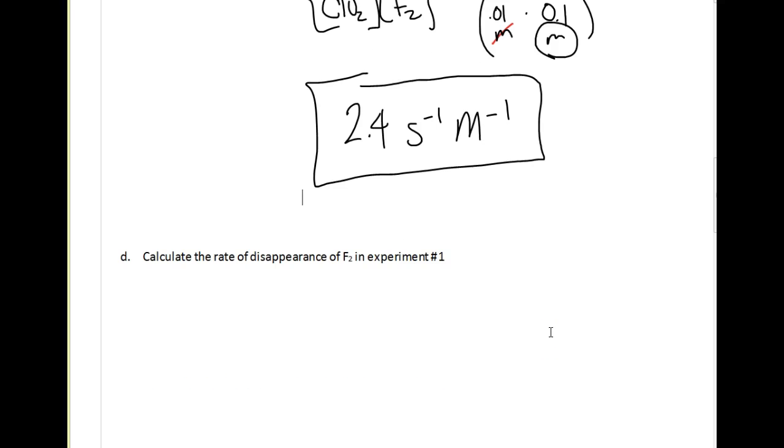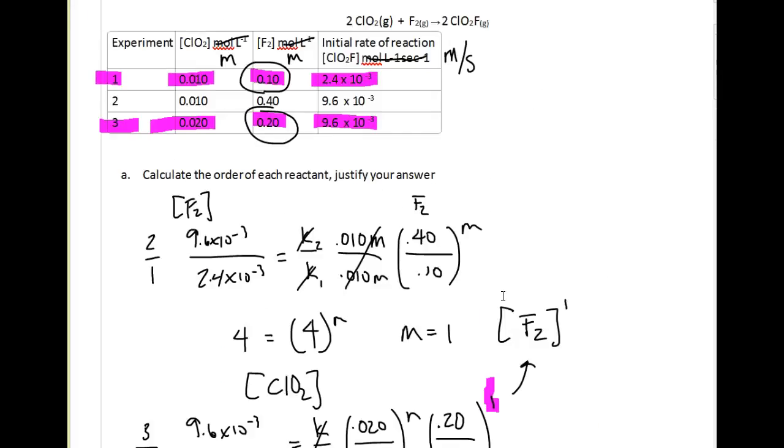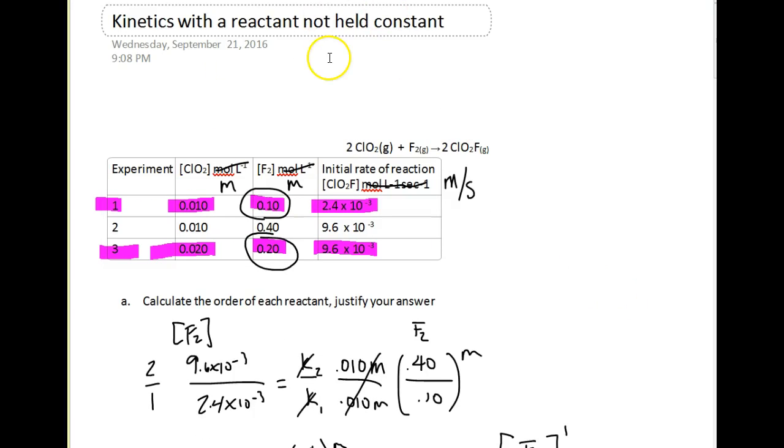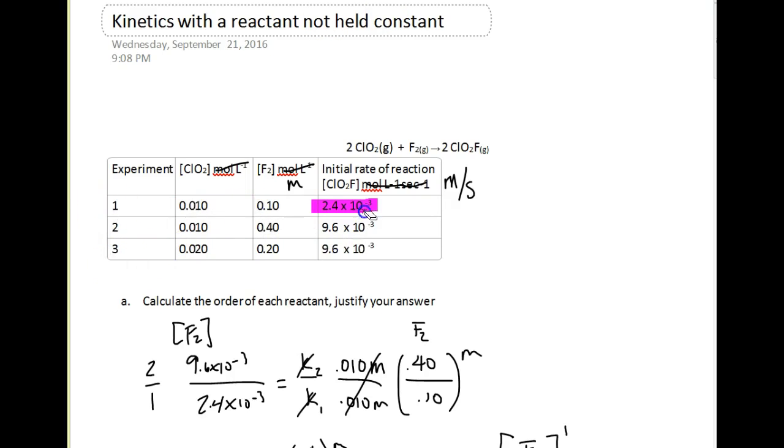Okay. Then the last question says, calculate the rate of disappearance of F2 in experiment 1. So let's go back up there and take a look at what we have. I'm going to erase some of these things off of my data table just so I can get a nice clean look at things. The question asked for the rate of disappearance of F2.